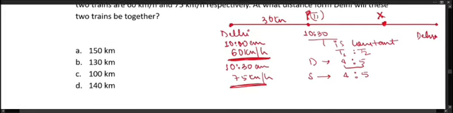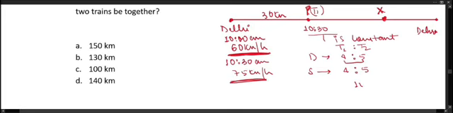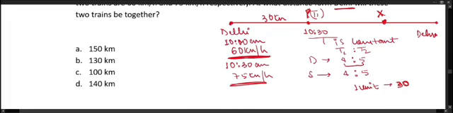And here, according to the ratio, the difference in the unit is 1 unit. So 1 unit is equal to 30 kilometers, and we have to find the distance from Delhi, that is, the distance of the second train.